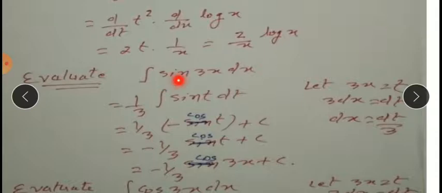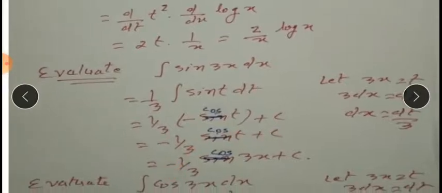Now this question becomes 1 upon 3 integration sin t dt, which is 1 upon 3 times minus cos t plus c, where c is known as the constant of integration. This is minus 1 upon 3 cos t plus c.